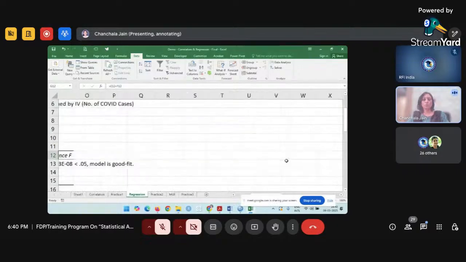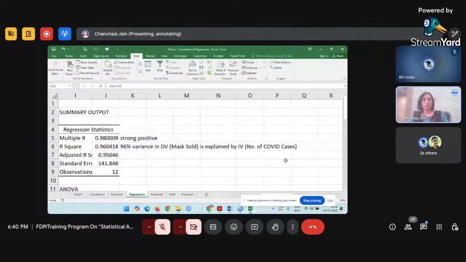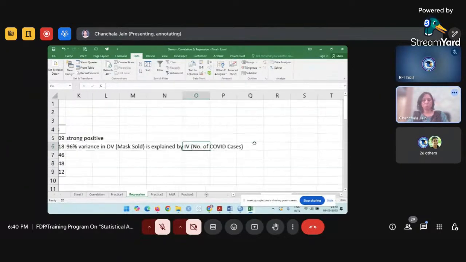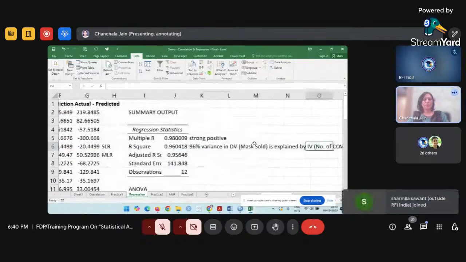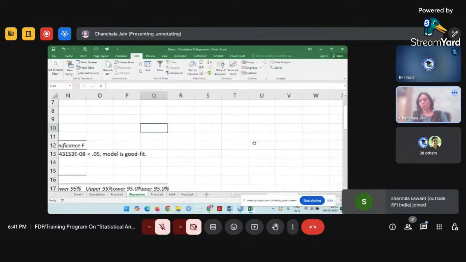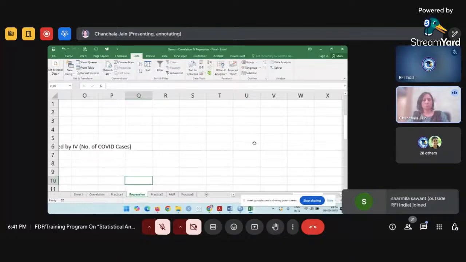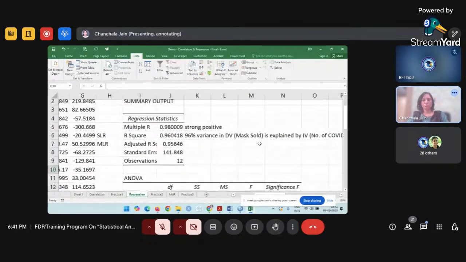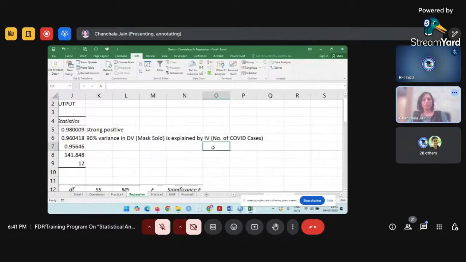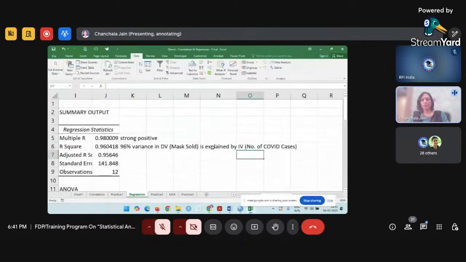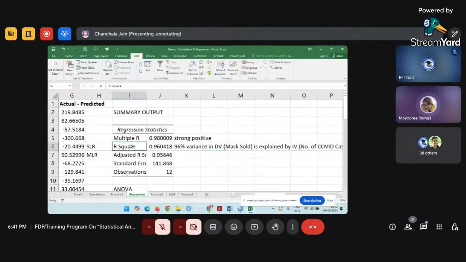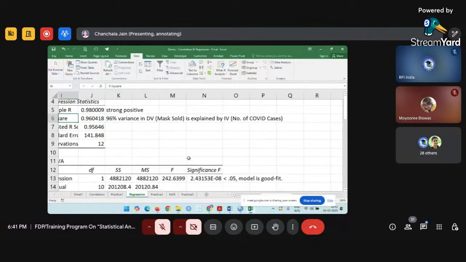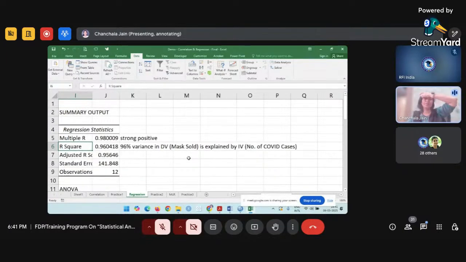Coming to the graphs. Where were my graphs? There is some problem in Excel. It happens many times. These are visible, na? Sometimes visible, sometimes gone, ma'am. Yes. The normal probability plot, if it is coming, is telling you whether your residuals are normally distributed or not.